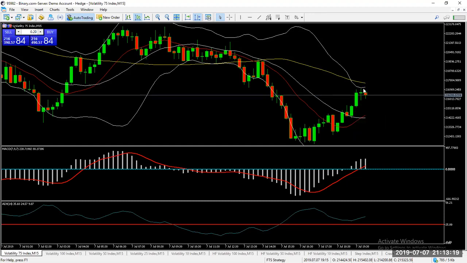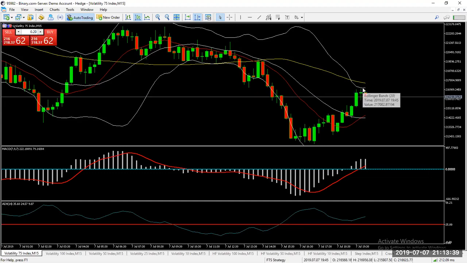You'd have made like $10 or $15 from this simple trade because volatility 75 moves like crazy, and I think it has the highest profit level among all of them. So you would have cashed out here. And that is how it is.